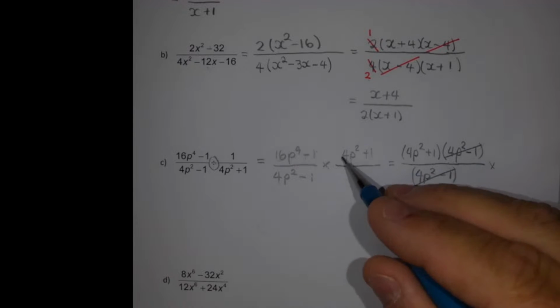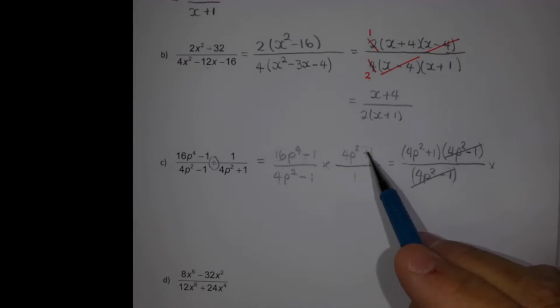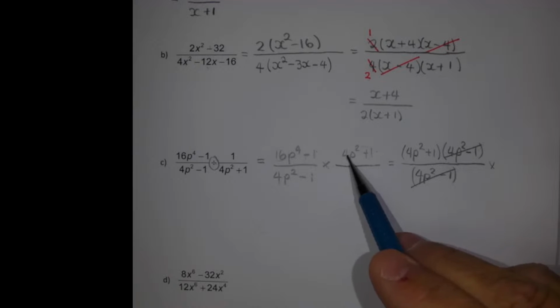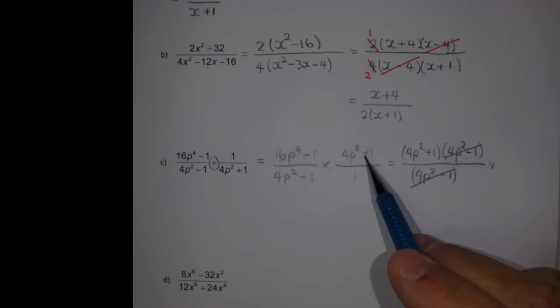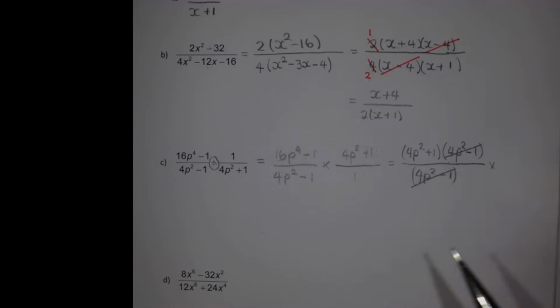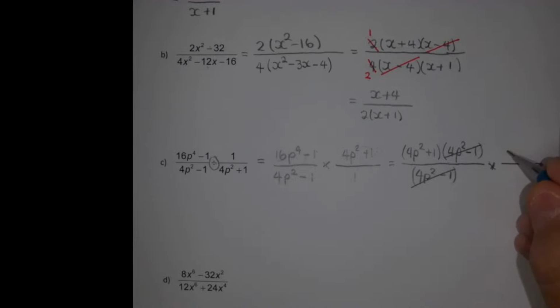When I look at this, I tried to factorize, but this is not a difference of two squares, it's actually a sum of two squares. That is a perfect square, but it is the sum of two squares, not a difference. I don't know how to factorize that for now, so I leave it as is, 4p squared plus 1 over 1.